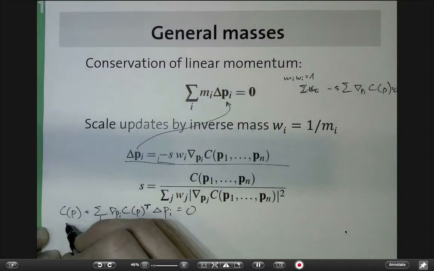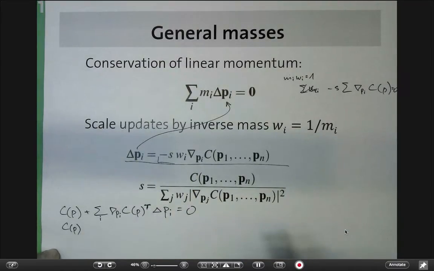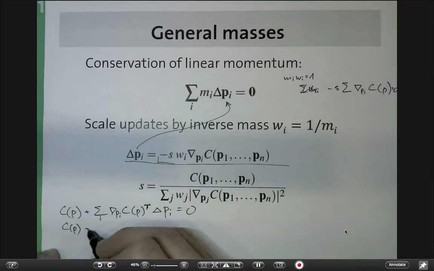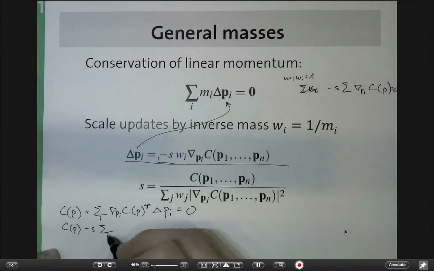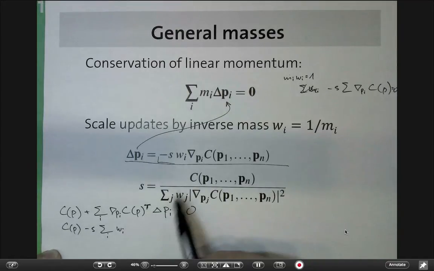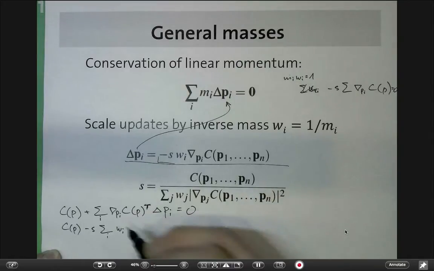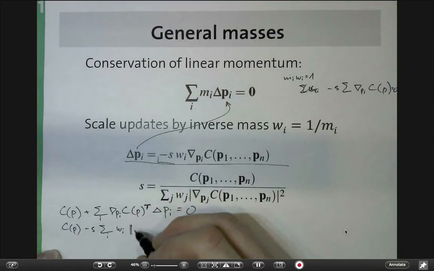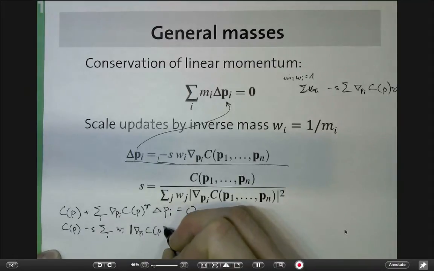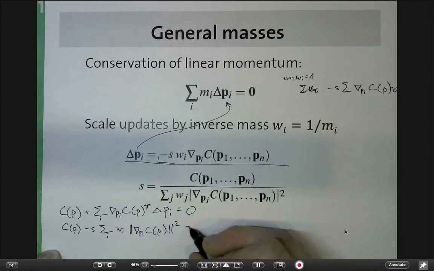Well, let me try to plug it in there just to explain to you where this equation came from. So if you plug it in there, I will get here minus S sum Ri Wi, and what I get here, this is the gradient, and this is also the gradient. So this is just dot producted. So this is the norm squared of the gradient, right, which needs to be 0.